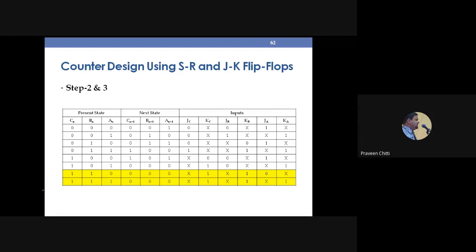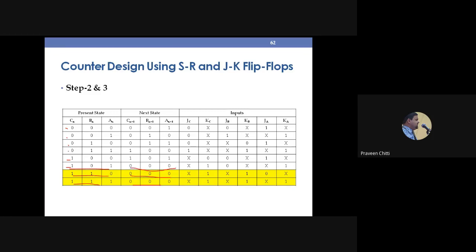You can see here it is a mod 6. So we have 0, 1, 2, 3, 4, 5. 6 states are used, but these are the 2 unused states. So if the counter goes to an unused state, what should be the next state here? You can see 000. By default, 101 will go to 0 because of the natural count sequence.